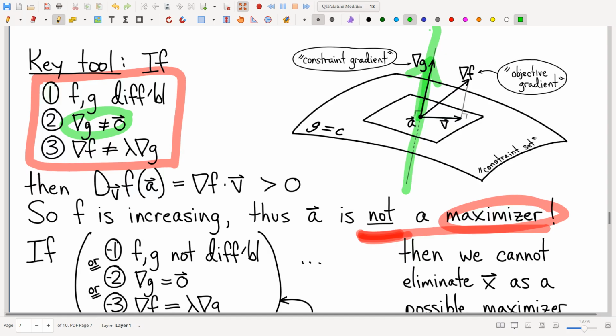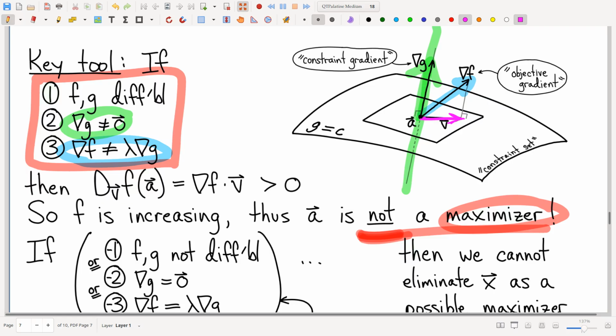Right? And if the gradient of f is not a multiple of that gradient of g, well, then it has to be pointing off the perpendicular. And if it's off the perpendicular, then it can't be a maximum, couldn't possibly be a maximum, because look at this vector right here.